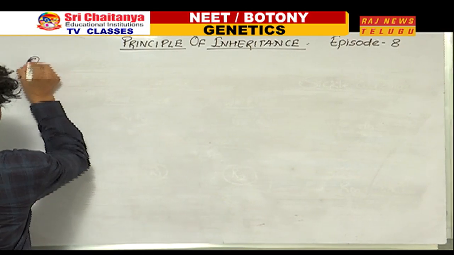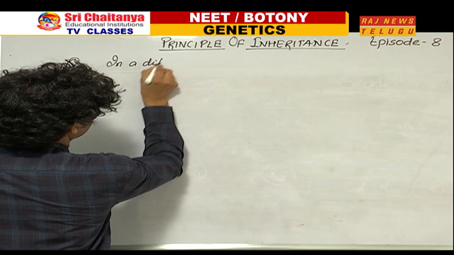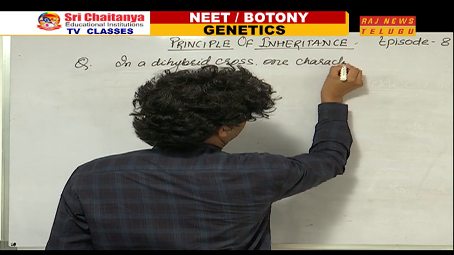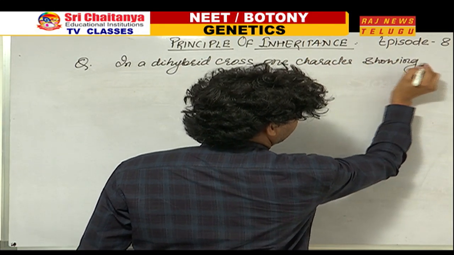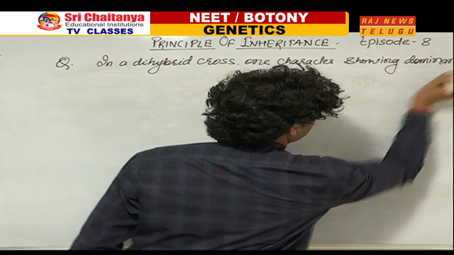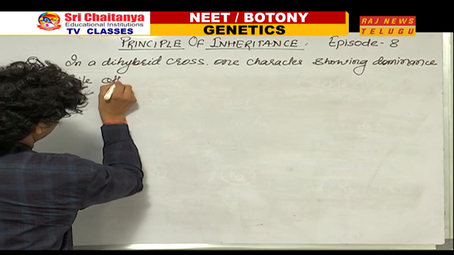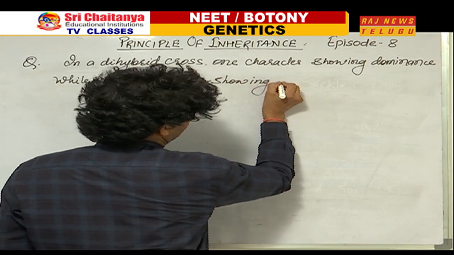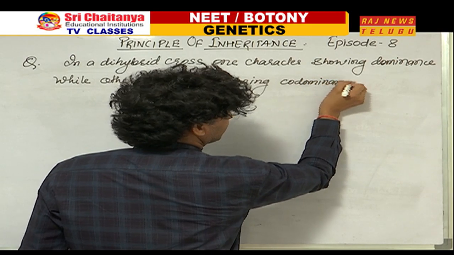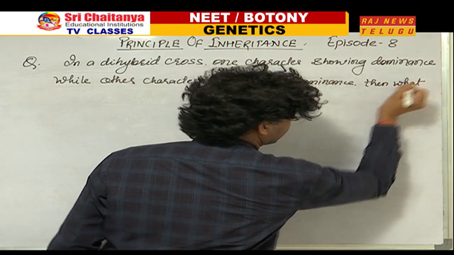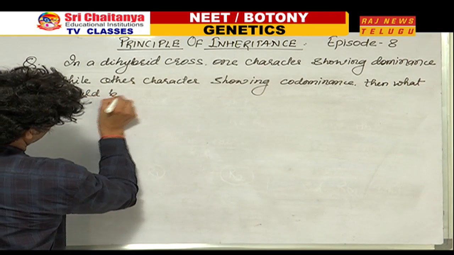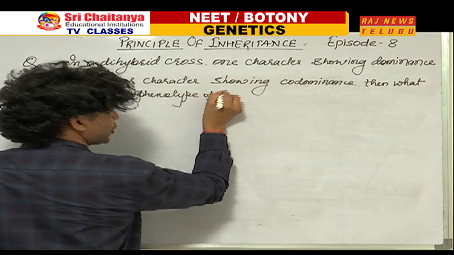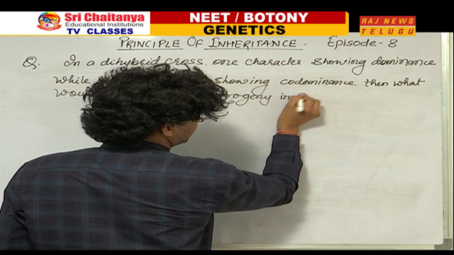Suppose there is a question in a dihybrid cross, one character showing dominance while other character showing codominance, then what would be the phenotype of progeny in F2 generation?